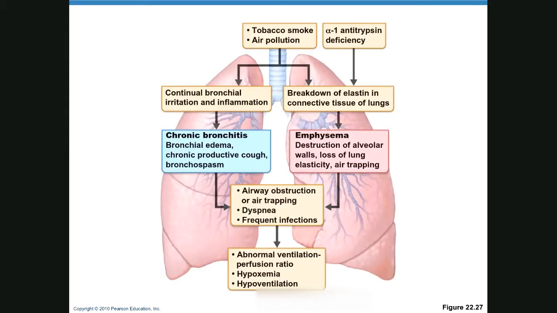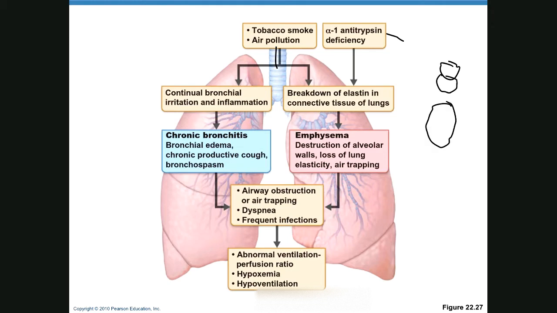So tobacco smoke or air pollution. Over on this side, you have the alpha-1 antitrypsin deficiency, and you get breakdown of elastin and connective tissue, and take 2 alveolar walls here, and they might fuse to become one.